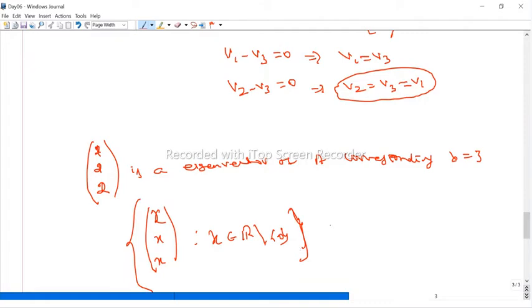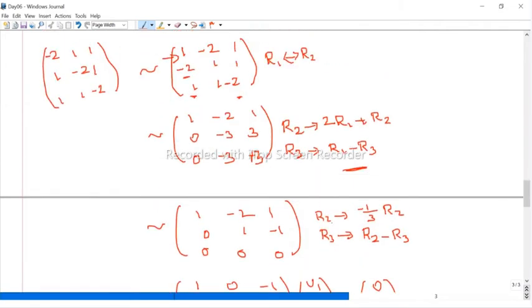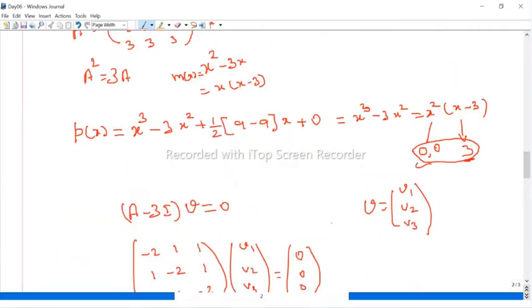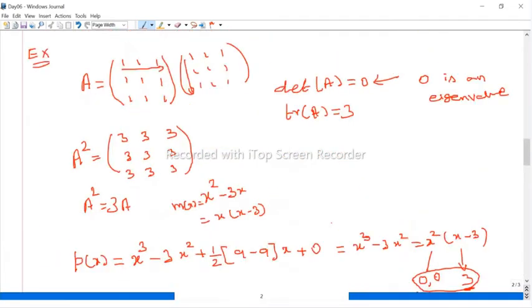Why is this an eigenvector? It satisfies the equation. You just multiply: the given matrix is all 1s, 1, 1, 1 in each row, and our V is x, x, x. If you multiply these, we get 1 into x plus 1 into x plus 1 into x, which is 3x.